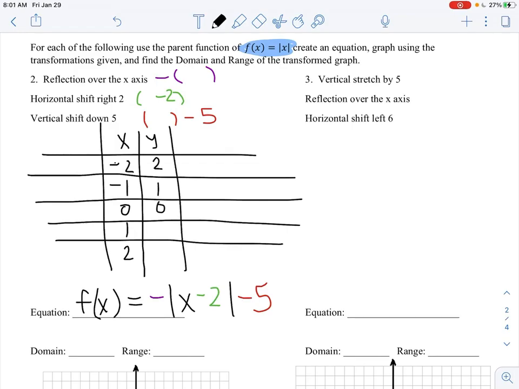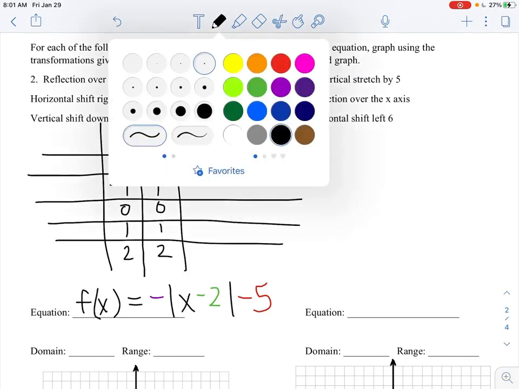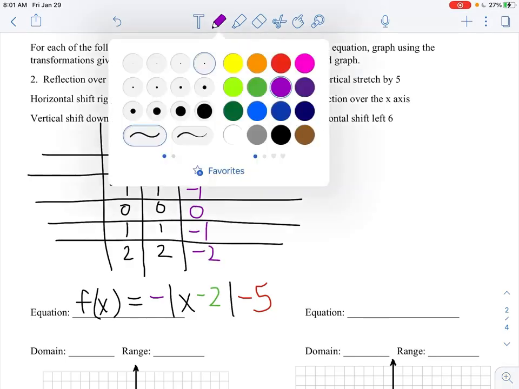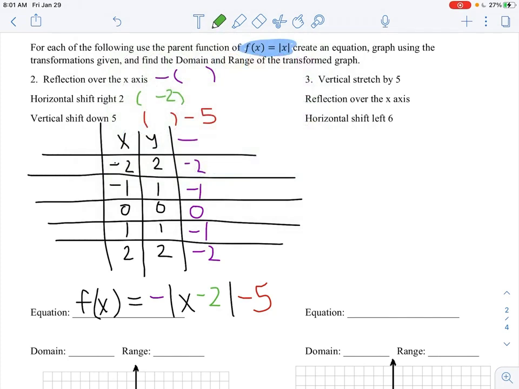2, 1, 0, 1, 2. So we're going to have a reflection. And since it's on the outside, it deals with our y. So I'm going to just do -2, -1, 0, -1, -2. Now we have our +2, which is on the inside, so it messes up with our x values.